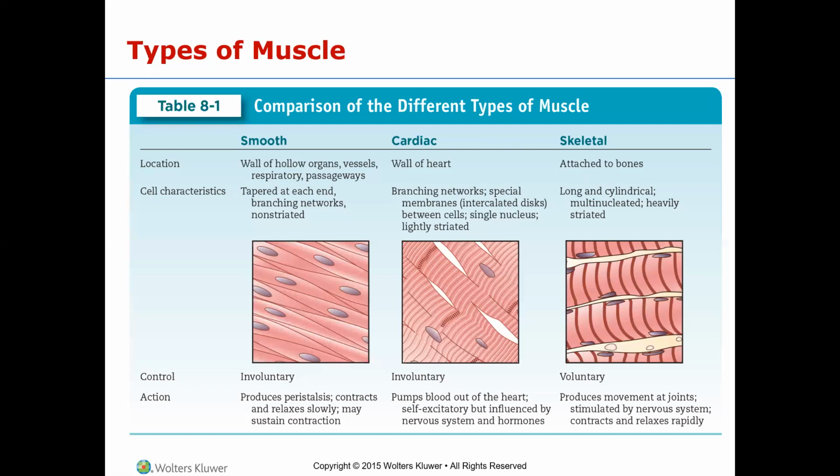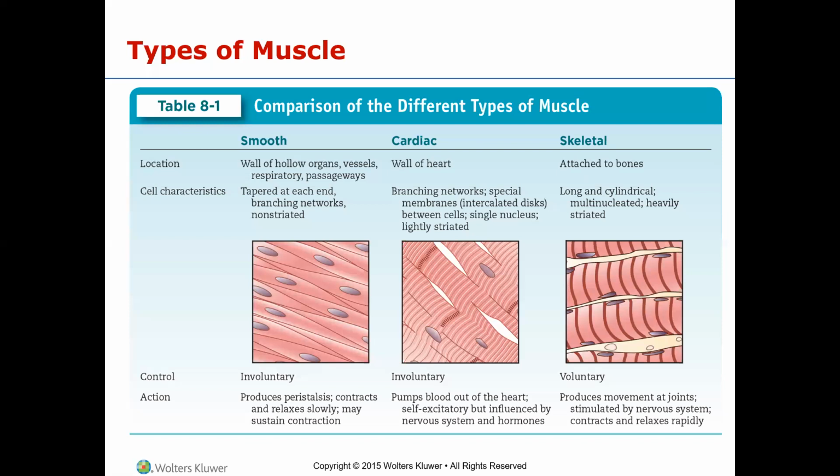The cardiac muscle is, of course, found in the wall of the heart, and it is an involuntary muscle. We don't need to think about our heart contracting. And so it creates this pulsing action for the heart. They're striated, just like with the skeletal muscle, but they differ in terms of the number of nuclei.